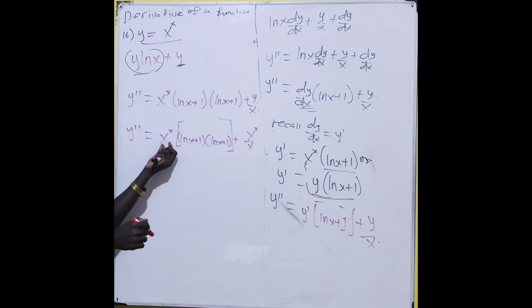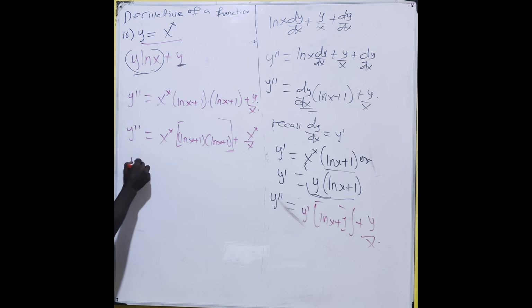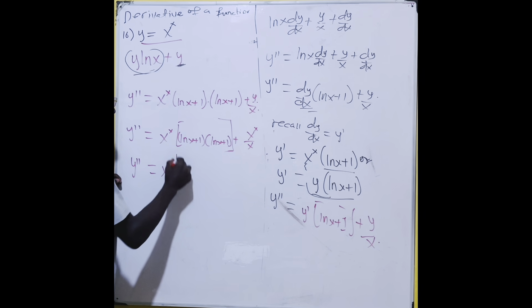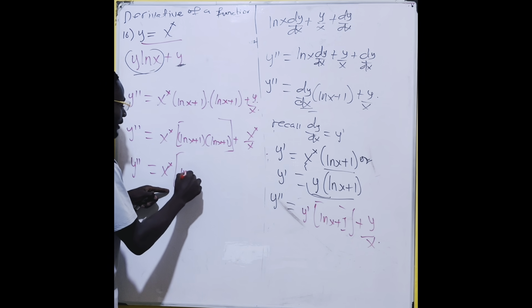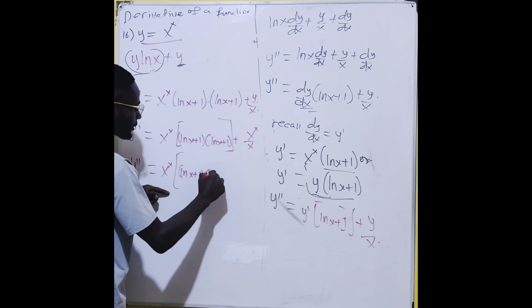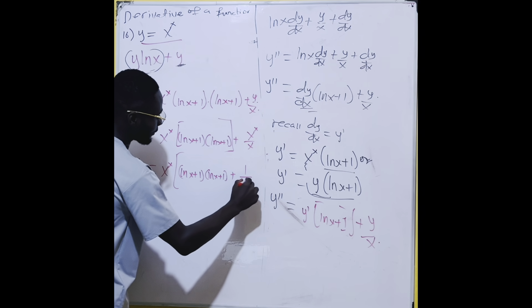Now we can see that x to the x is common to these two terms, so we say that our second derivative will be x to the x out. Then we have ln x plus 1 times ln x plus 1 plus 1 over x.